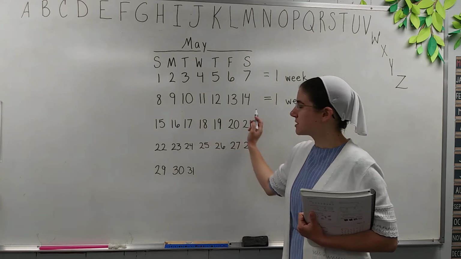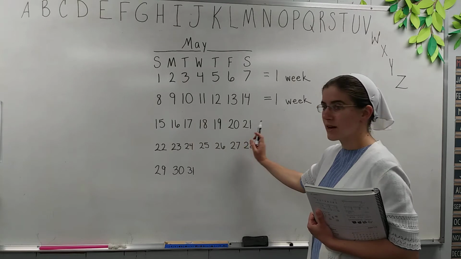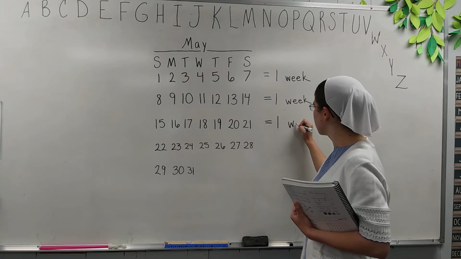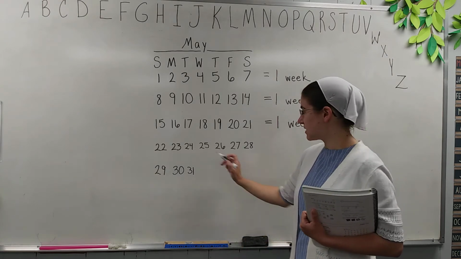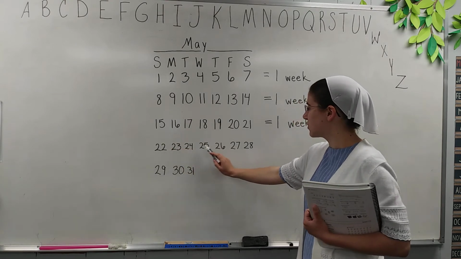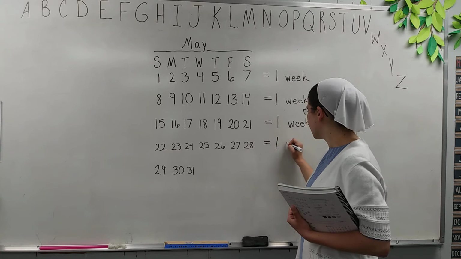Okay, let's count 7 more days. 1, 2, 3, 4, 5, 6, 7. There's another 7 days. So that's another week. And we'll see if we can get 7 more days before we get to 28. 1, 2, 3, 4, 5, 6, 7. Sure enough, we have another week.